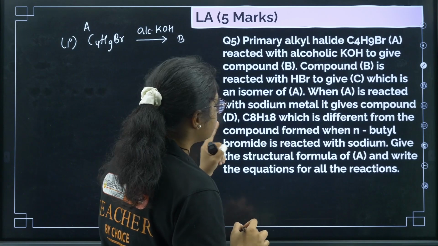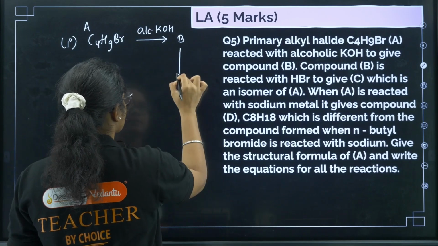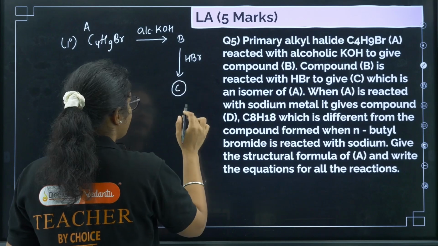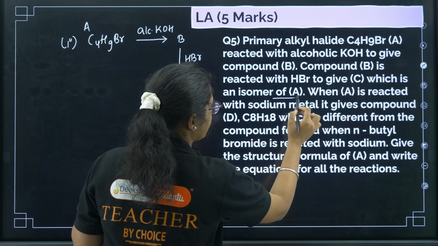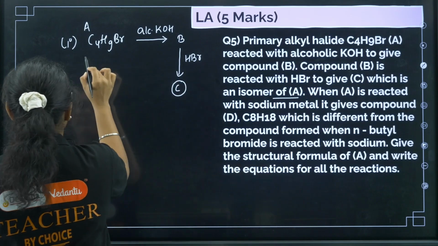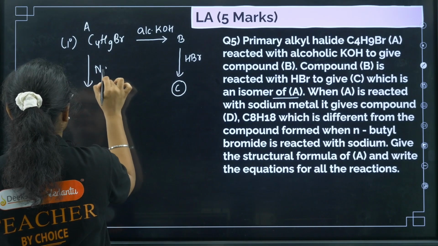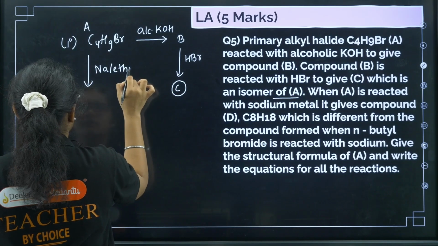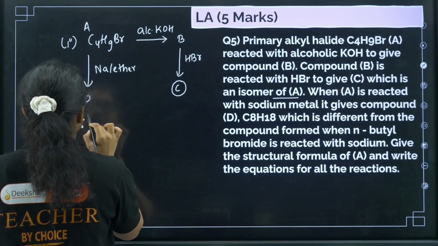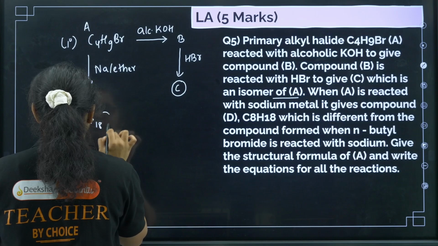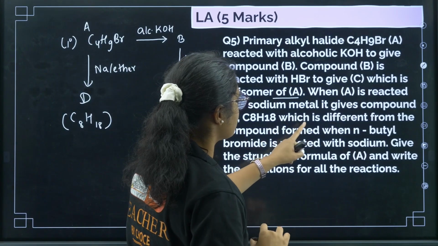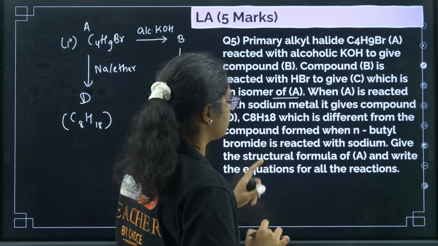Compound B is treated with HBr to give C, and C is an isomer of A. When A is reacted with sodium in ether, it gives D, whose formula is C8H18, which is different from the compound formed when n-butyl bromide is reacted with sodium.